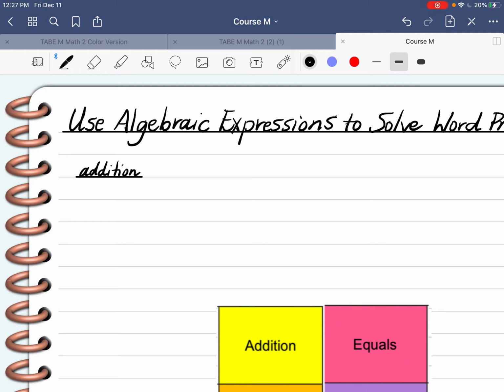But here are some others. Add, all together, and, both, combined.